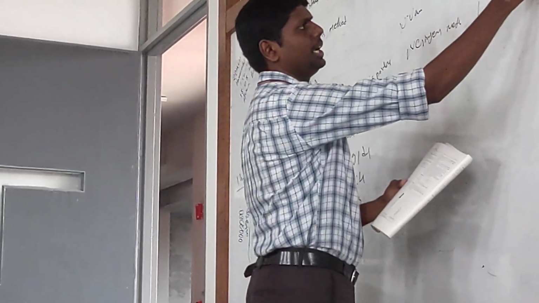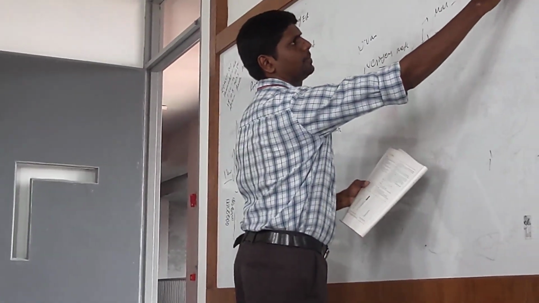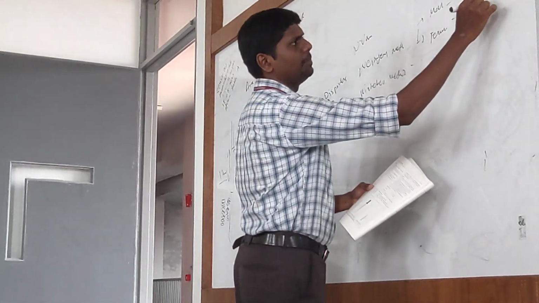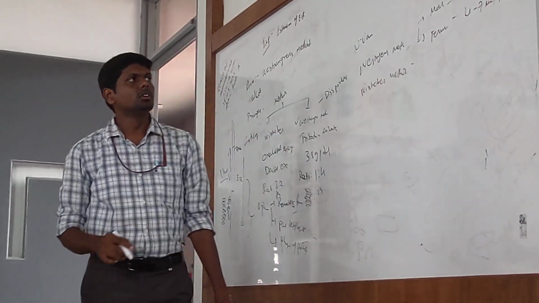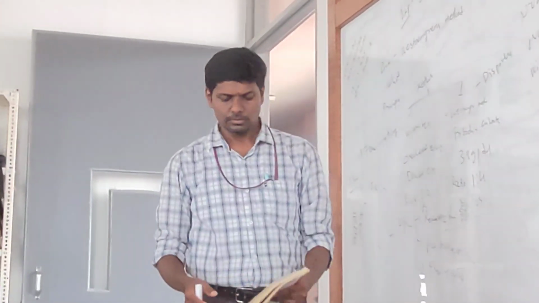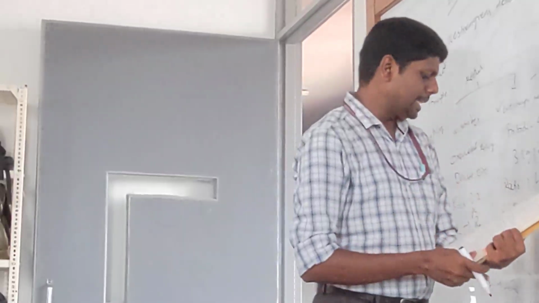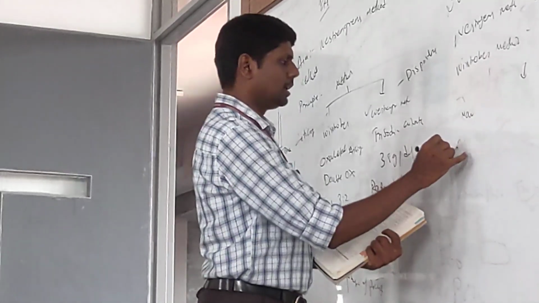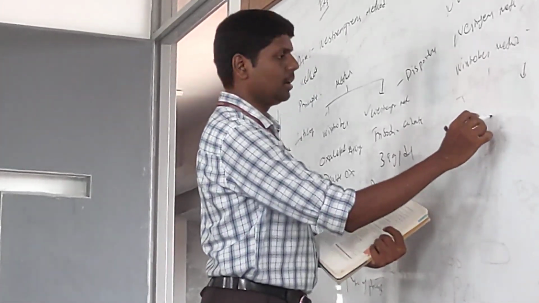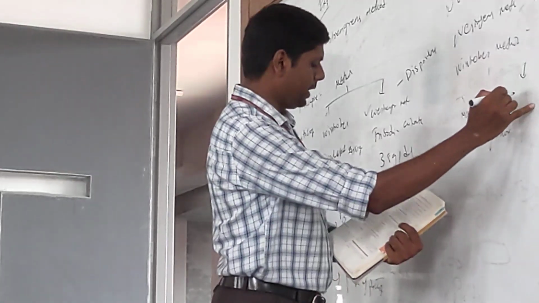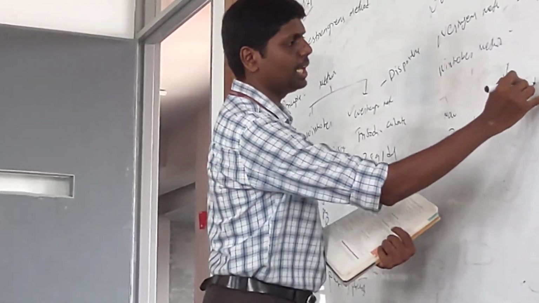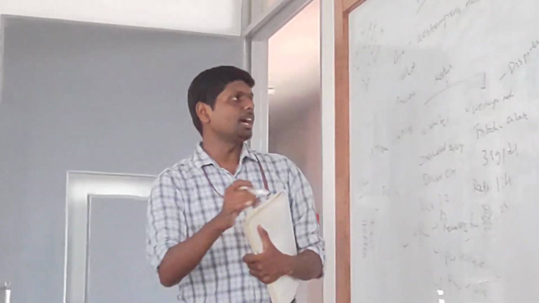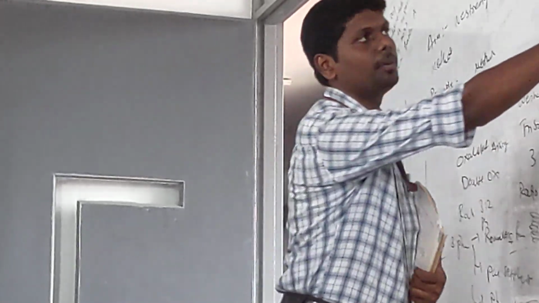Males is 3 to 5 millimeters per hour, whereas females is 4 to 7 millimeters per hour. Whereas in Wintrobe's method, in males it is 0 to 7 millimeters per hour, and in females it is 0 to 15 millimeters per hour. Today we are doing Westergren's method, so the normal values will be this.